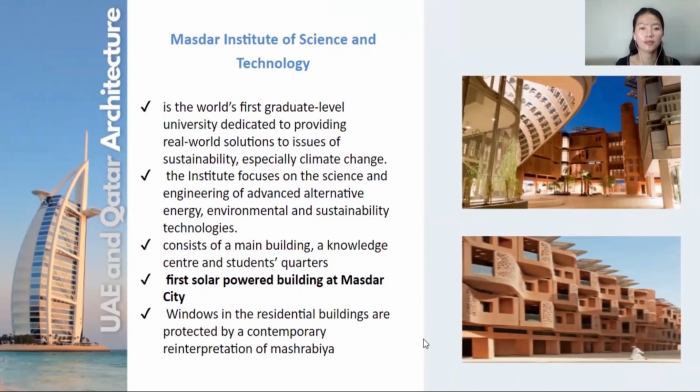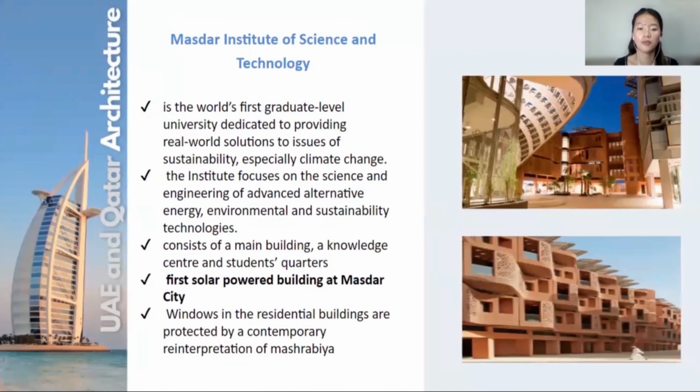Masdar Institute of Science and Technology is the world's first graduate-level university dedicated to providing real-world solutions to issues of sustainability, especially climate change. The Institute focuses on the science and engineering of advanced alternative energy, environmental and sustainability technologies.